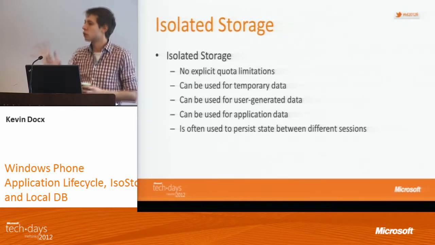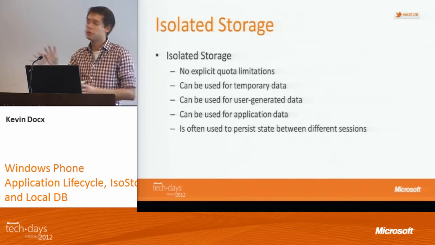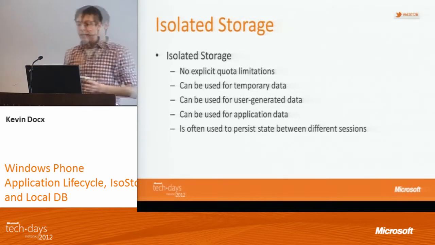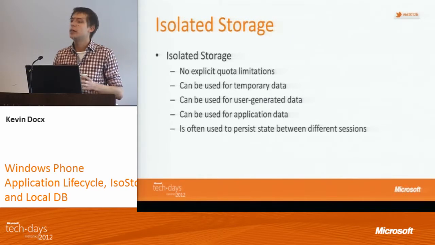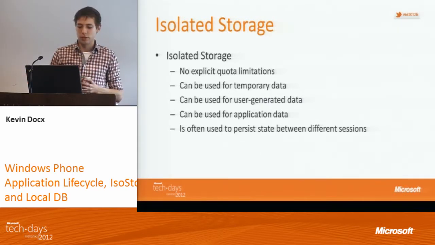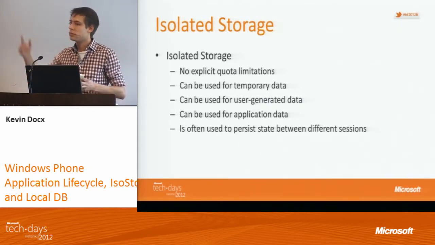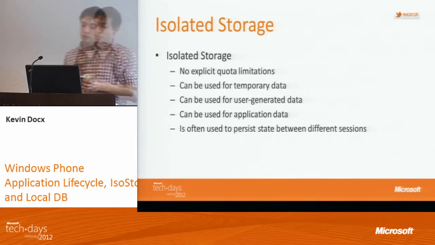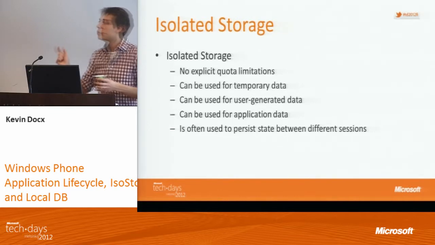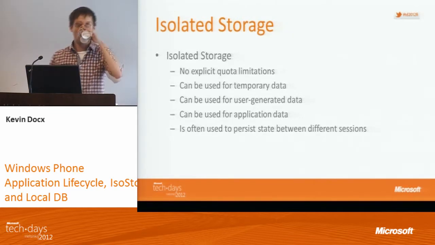So you've actually got a store to store documents available for your app. Of course, it's also used for application data, typically your application settings, the number of items in the list, for example. And of course, the part we're going to focus on, it's often used to persist state between different sessions.